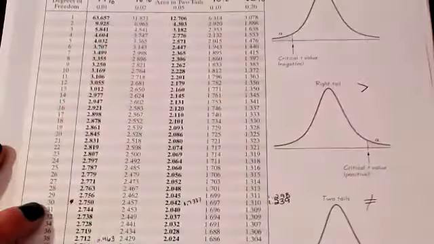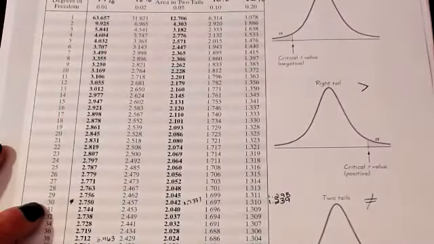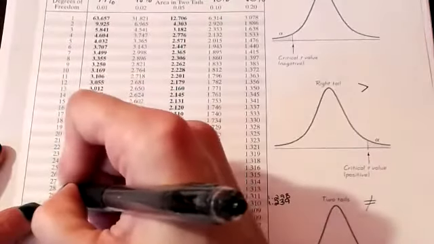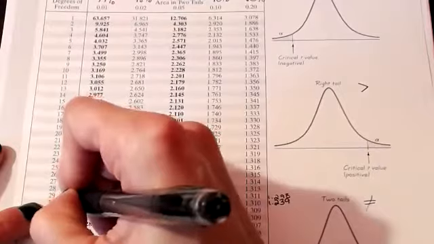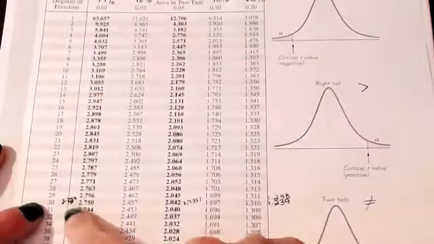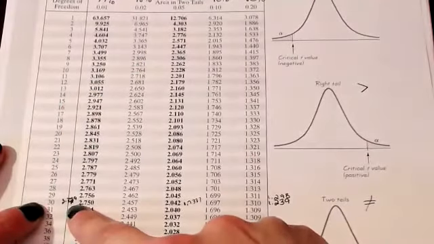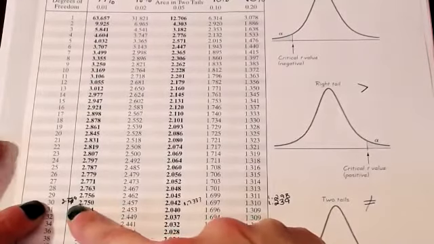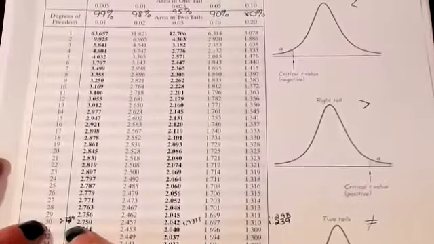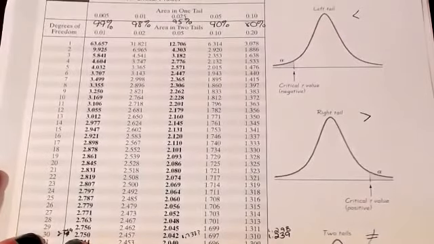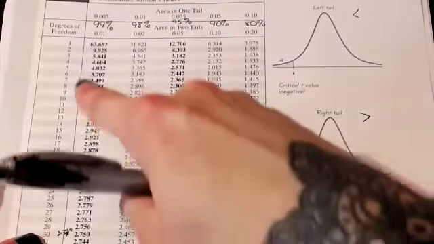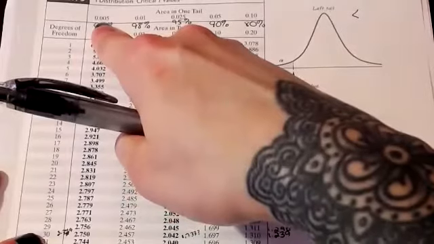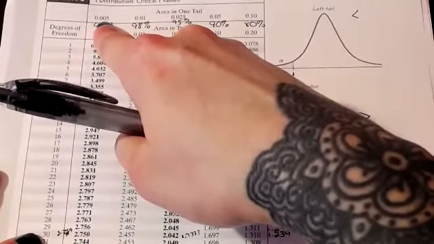So I'm going to write down, and you don't have to do this, I find sometimes it's really helpful, your test statistic that you were given was 3.349. Now, keep in mind, this is a right-tailed test. So we're looking at the area in one tail. If I scooch up to the very top of the page, notice that that refers to a probability that is less than 0.005.